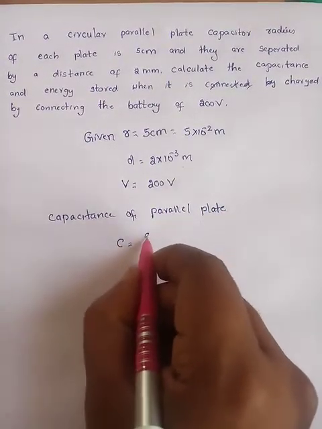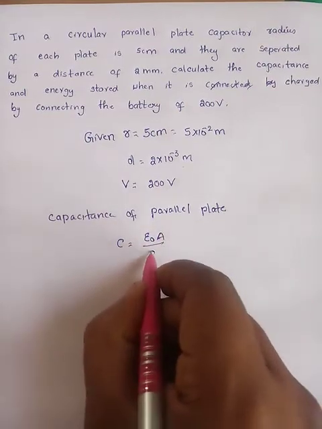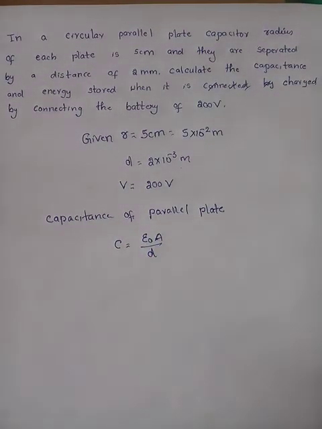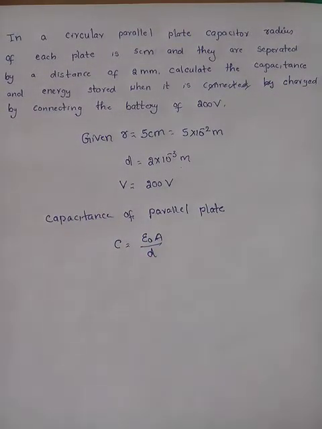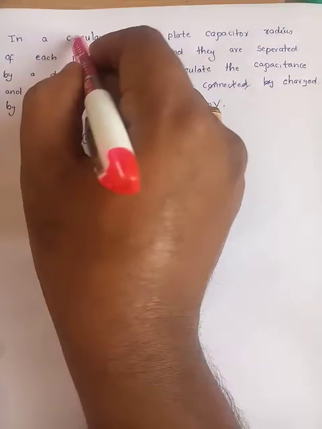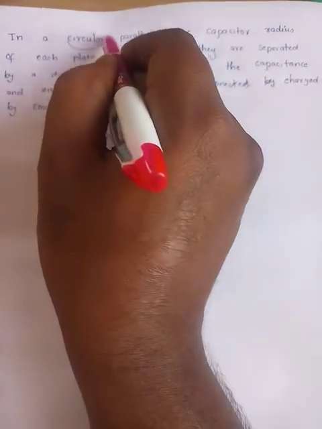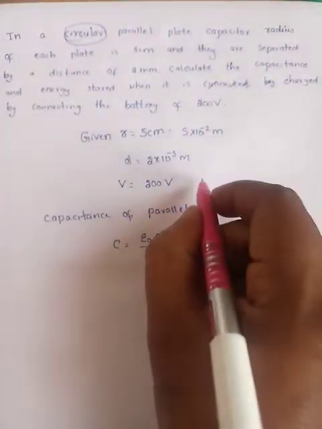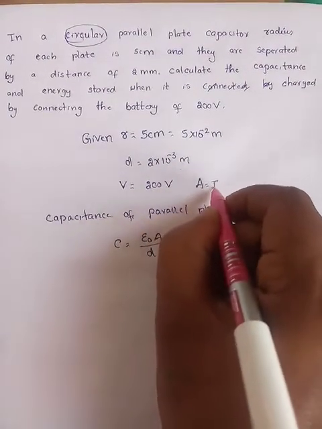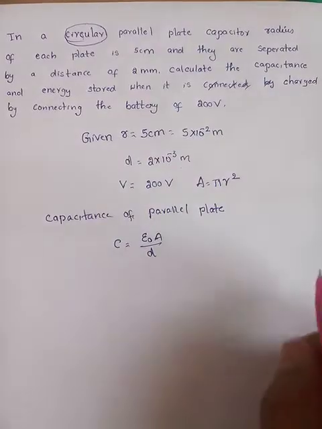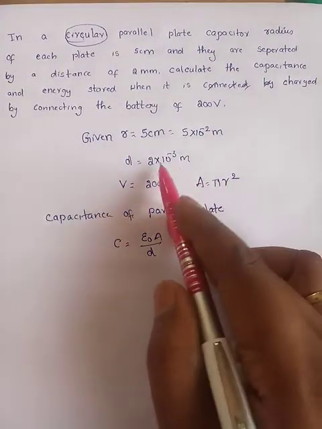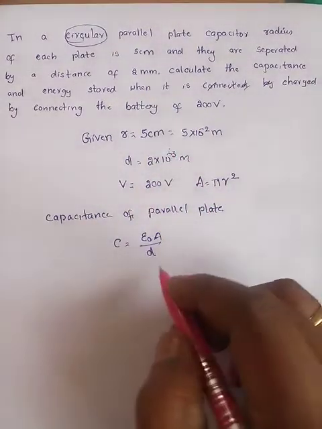C equals epsilon naught A by D, where epsilon naught is a constant, that is 8.85 into 10 raised to minus 12, A is area and D is the distance between the plates. To calculate area, we have to know the shape: circular shape. So the area of a circular plate is pi r square. As we already know the r value, it is easy to calculate the area.